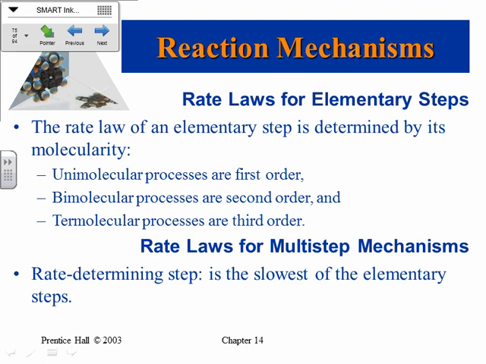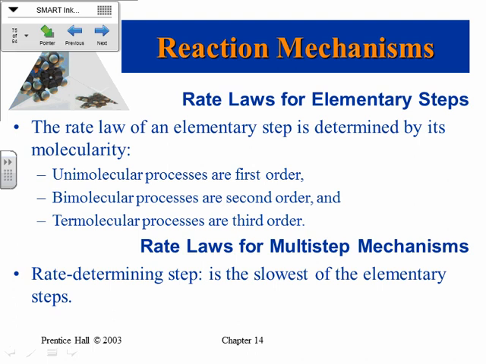So the rate law for an elementary step. I said before that the stoichiometry cannot be used to determine the rate law, and then I told you I'm lying to you. So here's where that comes in.